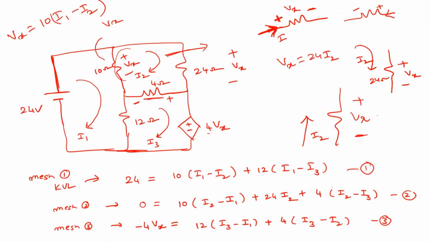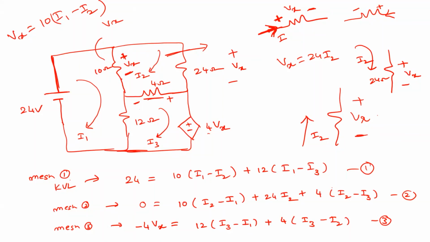Yes, tell me, what's your doubt? Yes, sir, the same part, where it's written Vx equals 10 into I1 minus I2. Can you give a bit more clarified answer, sir? No. So this Vx direction is given. This is plus here, minus here.